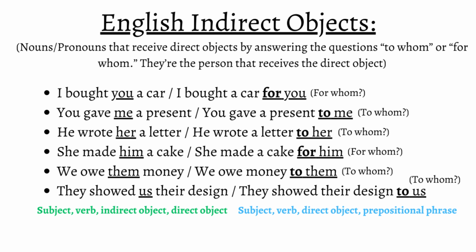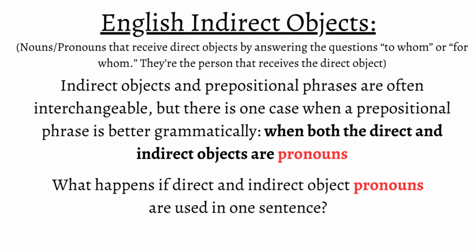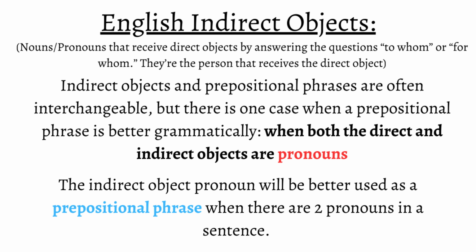Later, I showed what happens when direct object nouns are used with indirect object pronouns. They lose the prepositions, avoid repetition, and make a faster sentence flow. Now, what happens if direct and indirect object pronouns are used in one sentence? Well, in that case, the indirect object pronoun will be better used as a prepositional phrase when there are two pronouns in a sentence.